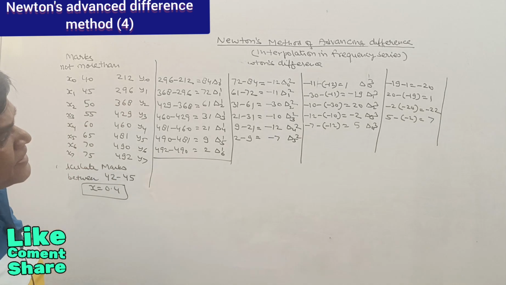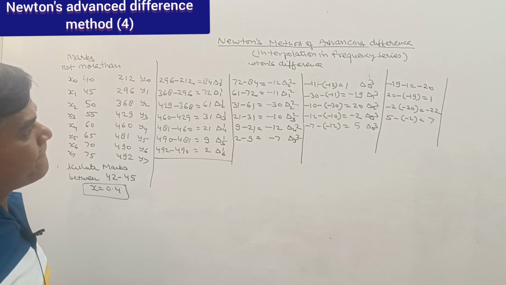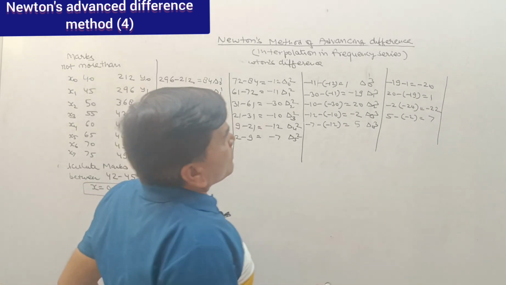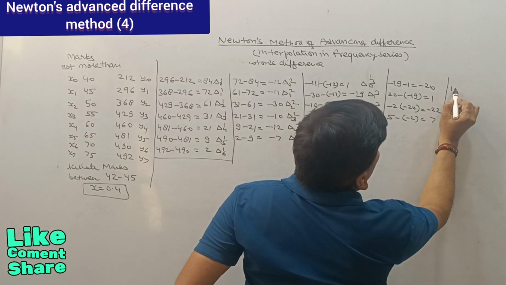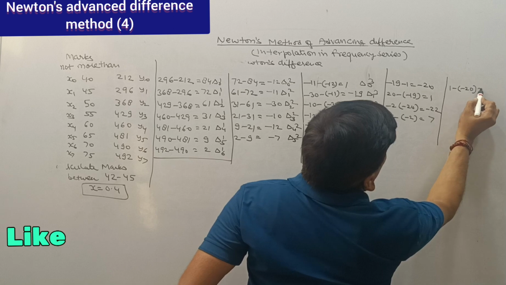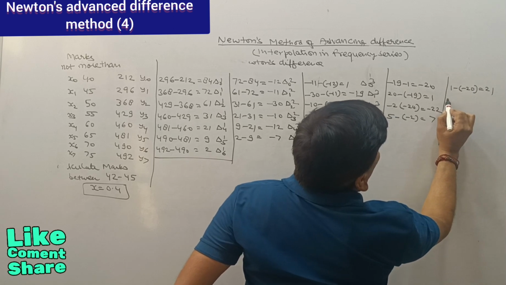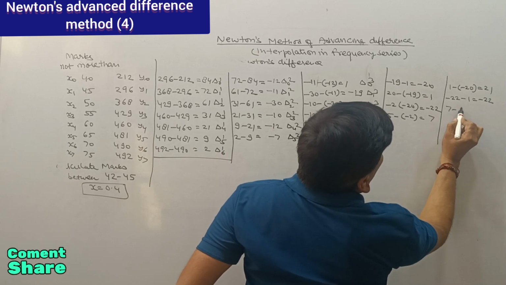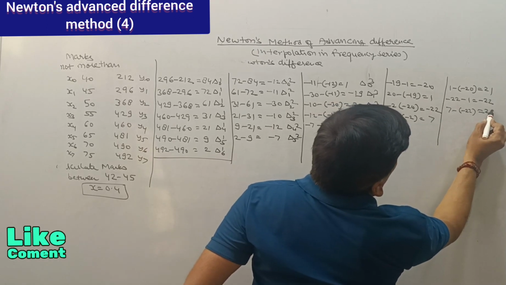So this difference, then 1 minus 20, that is 21, minus 21 minus 1, that is minus 22. 7 minus 22, that is 29.